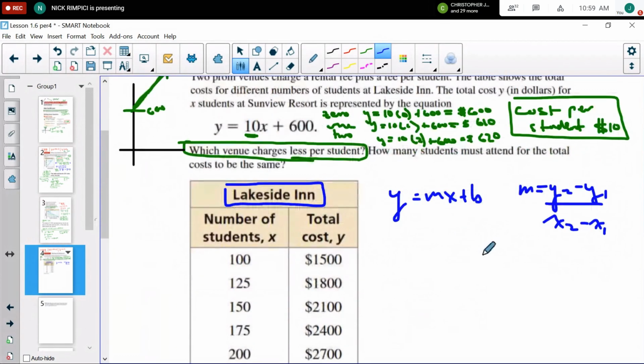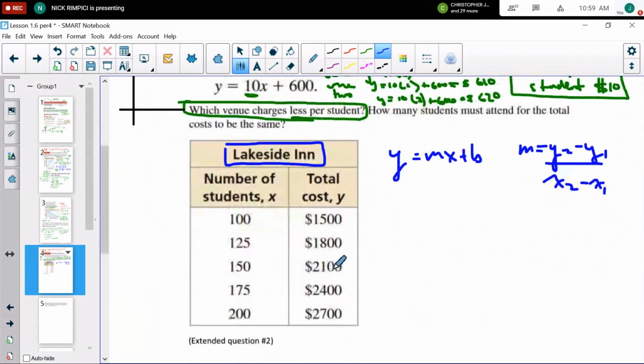And the thing now is, how do I know which x's and y's to pick? Well, it doesn't really matter. It's up to you. In my other class, I chose 100 and then 1500, because this is an x and this is a y, so they go together.